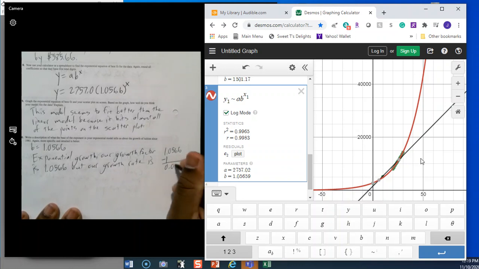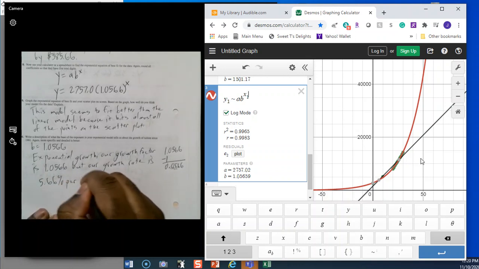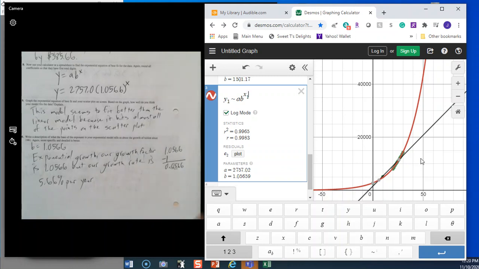So it'd be 0.0566. Then you'll move the decimal 2 places to the right and then make that into a percent. So it'll be 5.66%. And then we'll put per year. That is our growth rate. Remember, the growth rate is the percentage going up. The growth factor is just whatever you have in for B.